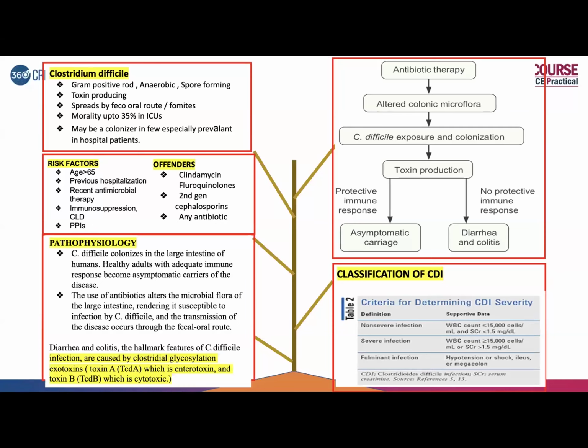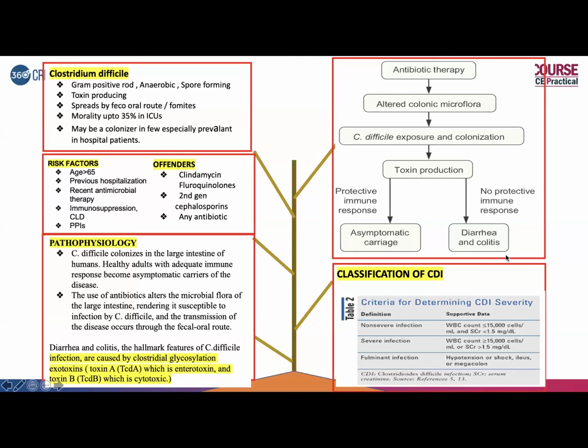The transmission is usually via fecal-oral route, and the infection is mainly due to the enterotoxins, toxin A and B. Toxin A is an enterotoxin, whereas toxin B is cytotoxic. When there is colonization and toxin production with an adequate immune response, it becomes a carrier stage. When the immune response is inadequate, the patient will have diarrhea and colitis.